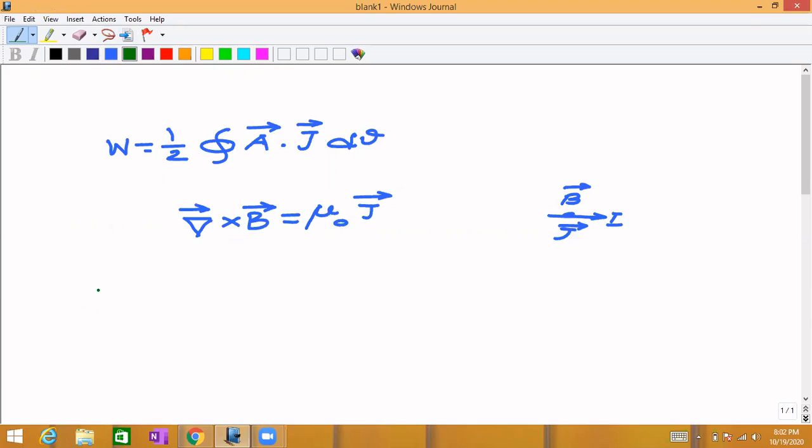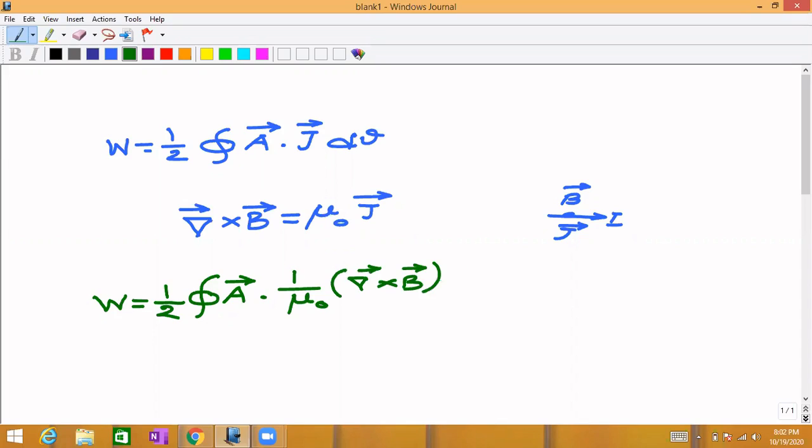W will be equal to half of closed integration A vector dot 1 by mu naught, 1 by mu naught J vector, means curl of B, dV, right?